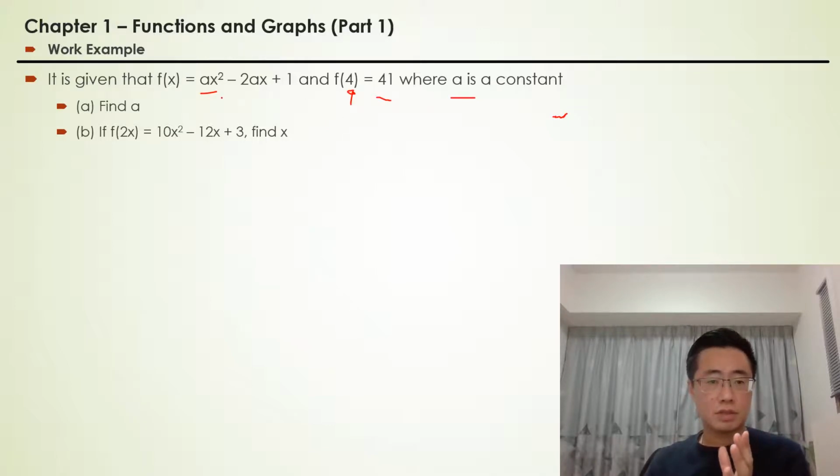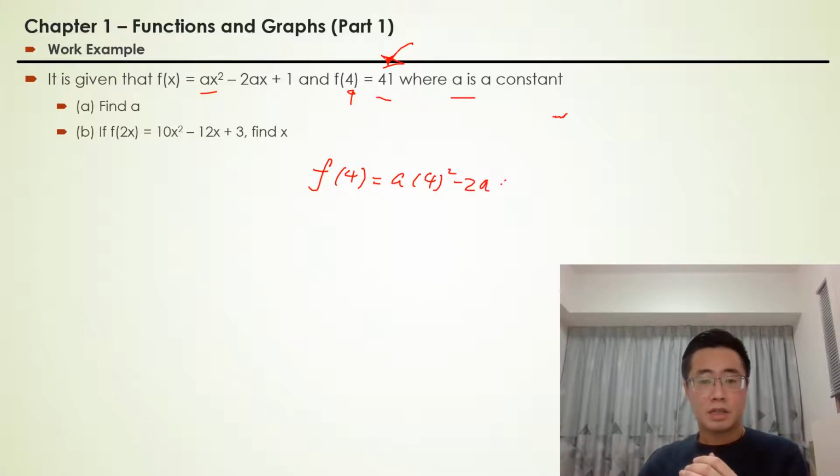So when we look at the question, first of all, we need to make use of the information here and substitute the value for x, which is 4, into this function, and the value of y, which is 41. So immediately we can do the math here. f(4) equals a times 4 to the power 2 minus 2a times 4 plus 1, and the whole expression on the left-hand side is 41.